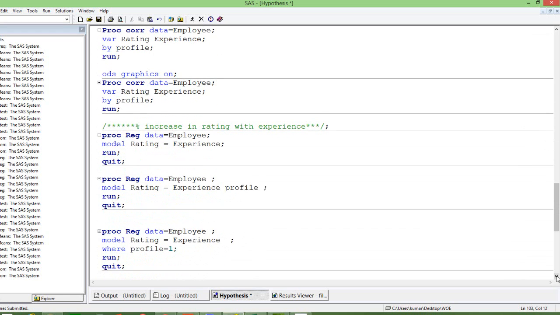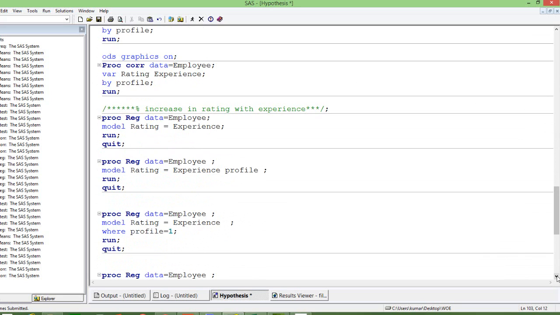Now the next two questions: in order to answer them, we cannot conclude anything looking at the correlation. So we need to do the regression, because using regression we can explain and quantify the relationship and the corresponding increase.